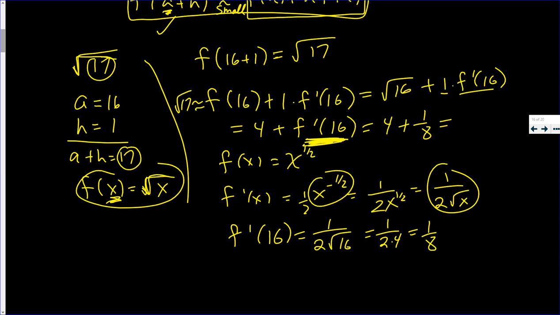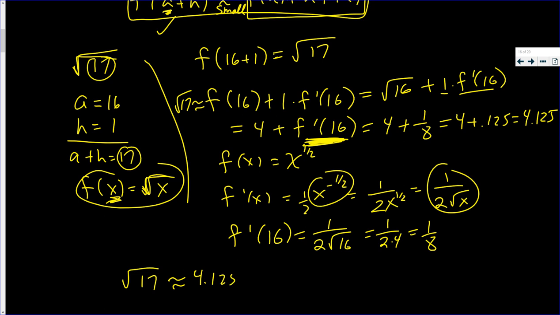So I am getting 4 plus that. So I get 4.125. So let's write that down. The square root of 17 we calculated as 4.125 using calculus. And a calculator would instantly tell me that it's close to this number.